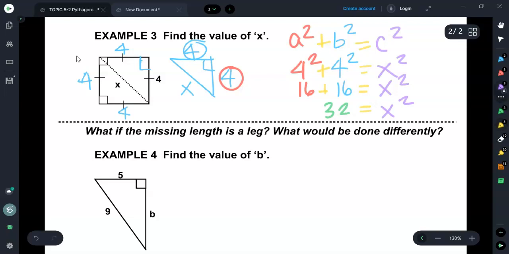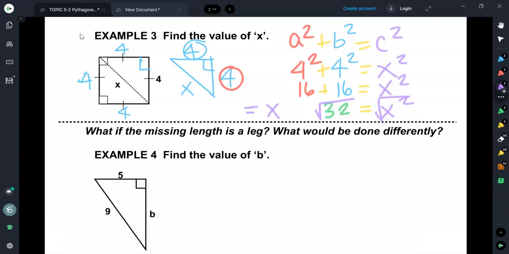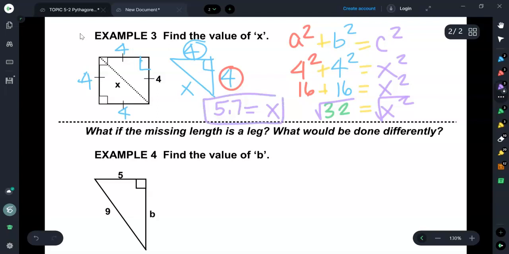But again, I don't want x squared. I just want the x. So I'm going to square root both sides. And so x equals, and then you go and you take the square root of 32. And I'm going to actually find the actual one without simplifying. And it is 5.7. So your answer is 5.7.